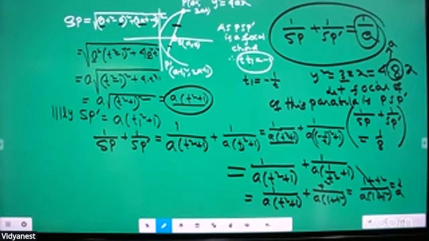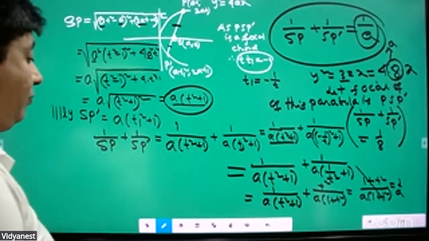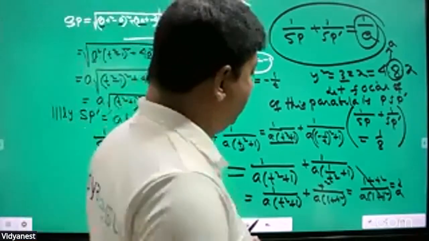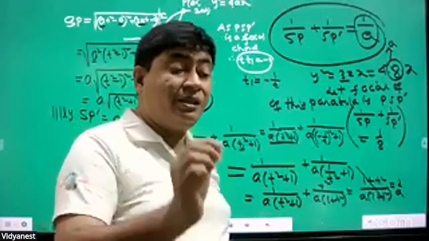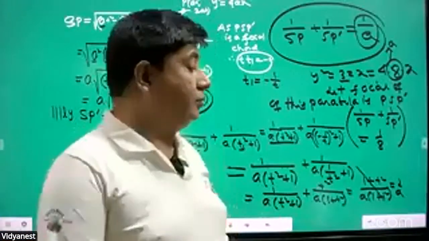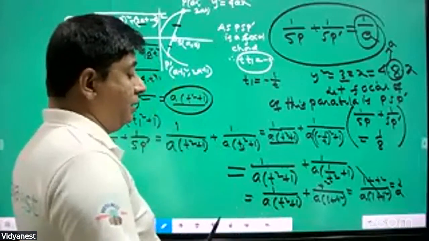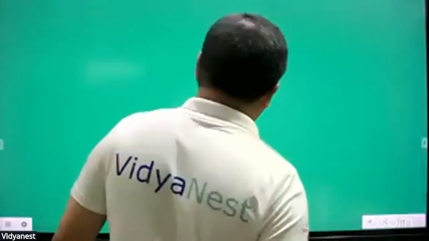Hope this is clear to you. Now, you can ask me whether the parabola's vertex will always be at the origin. No. Like a circle, it can be shifted.